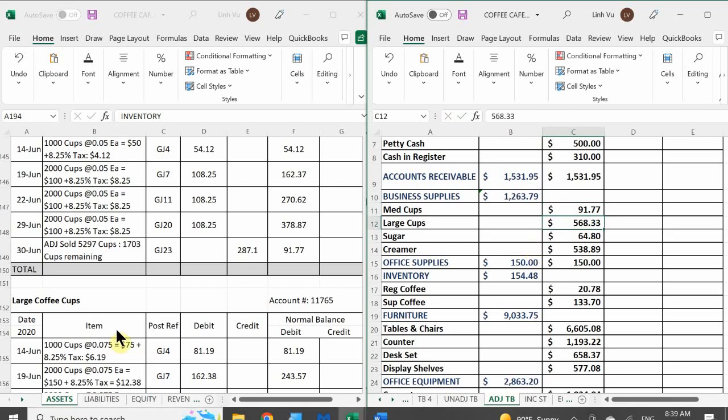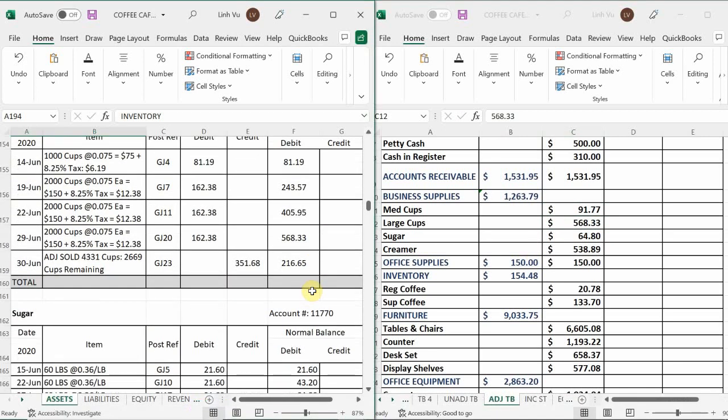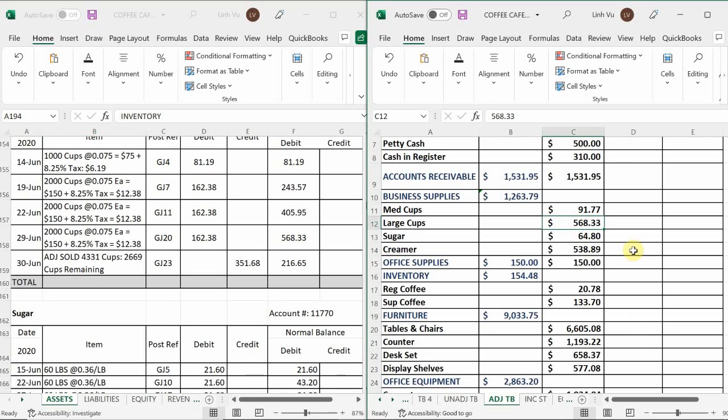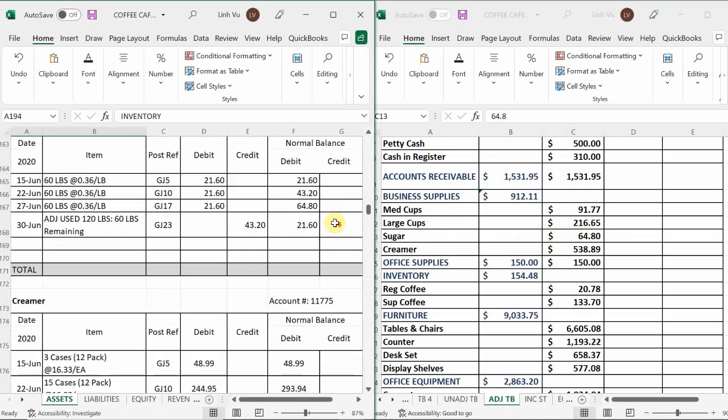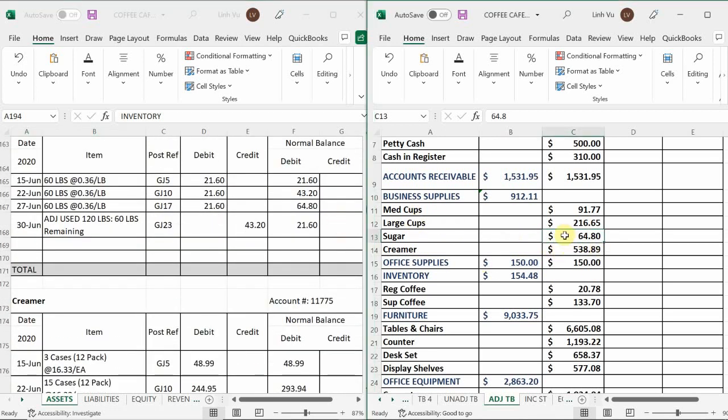Okay. For my Supreme coffee, my large coffee cups, I only have 216.65 left. And for sugar, I only have $21.60 left.